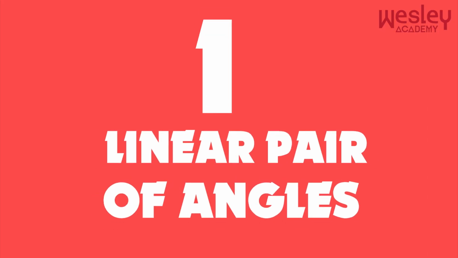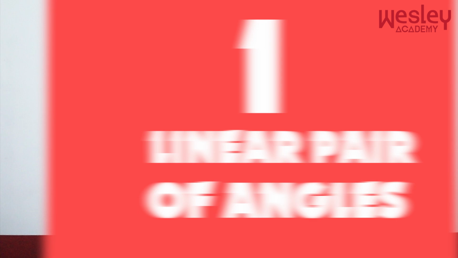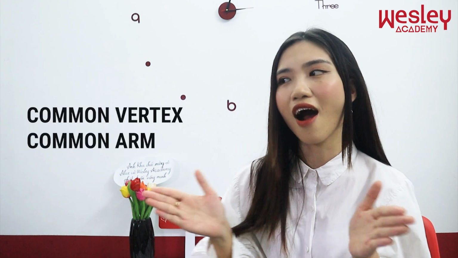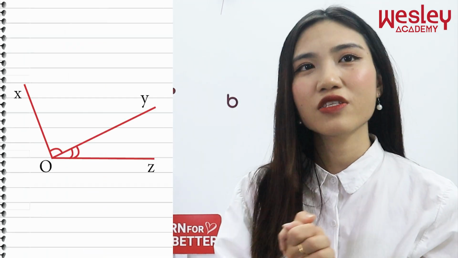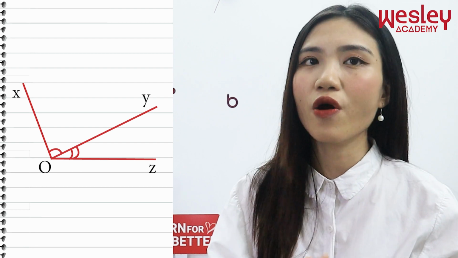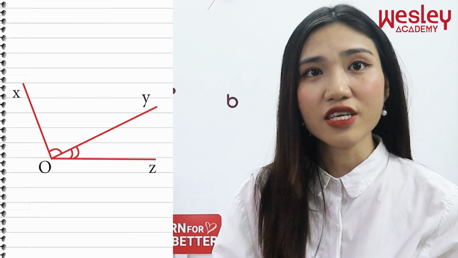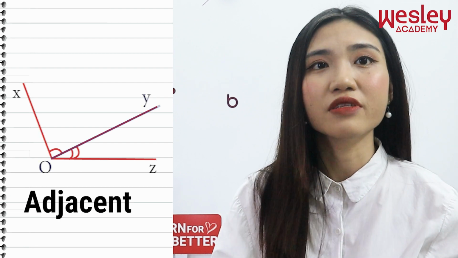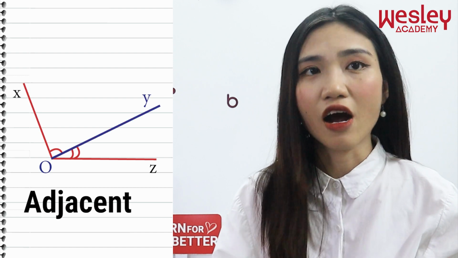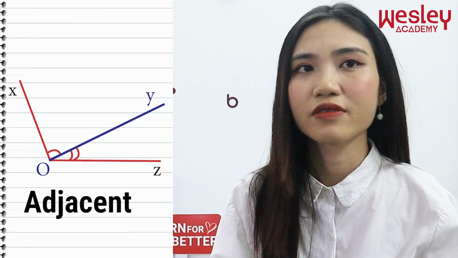First thing, linear pairs of angles. Adjacent means next to. The 2 angles are said to be adjacent if they share a common vertex and a common arm. For example, the angles XOY and YOZ are adjacent as they have a common vertex O and a common arm OY.